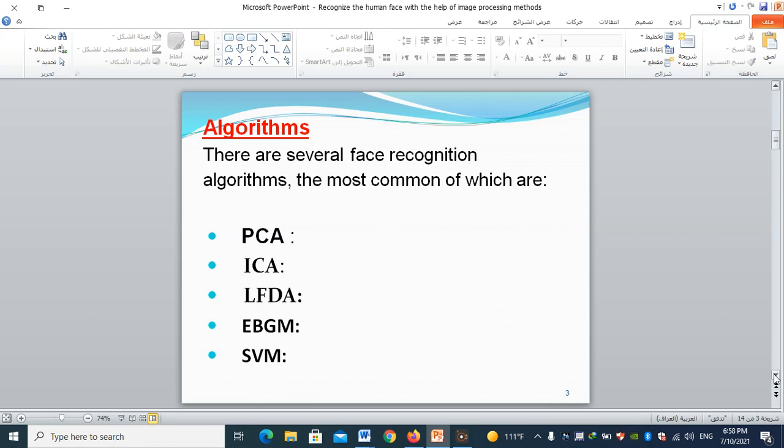PCA is a statistical approach used for reducing the number of variables in face recognition. The main idea of using PCA for face recognition is to express the large 1D vector of pixels constructed from the 2D facial image into the compact principal components of the feature space.